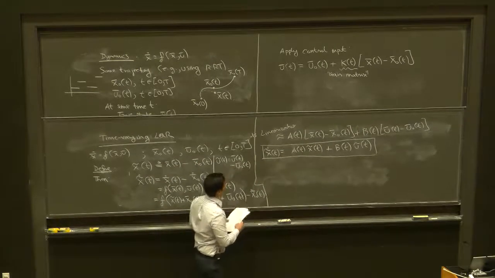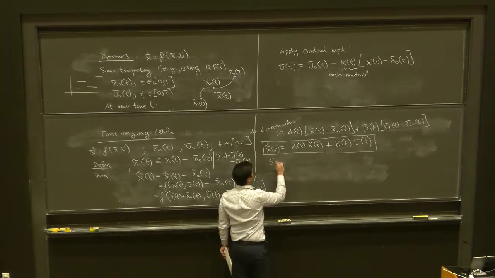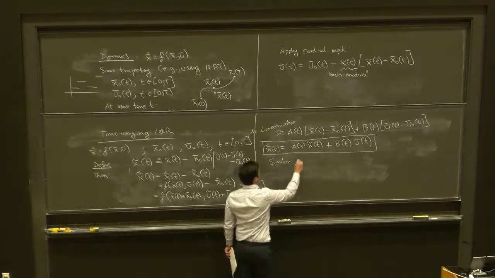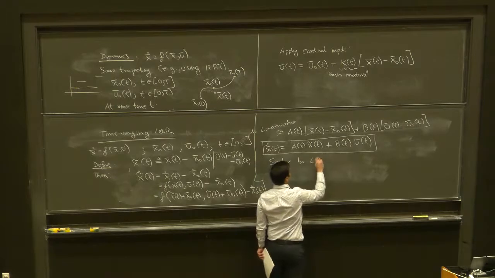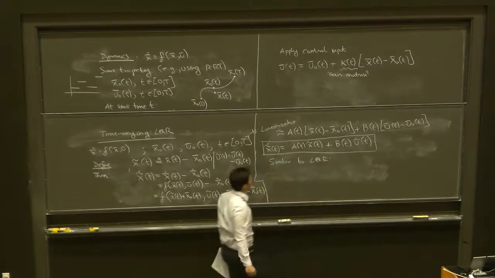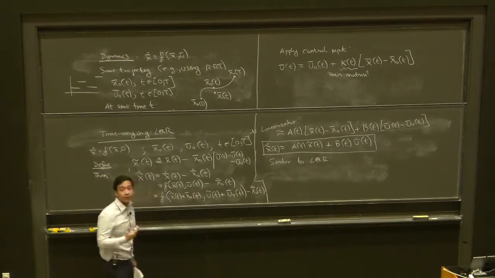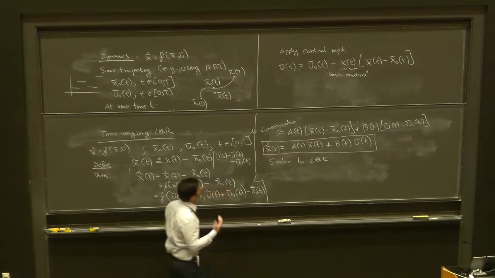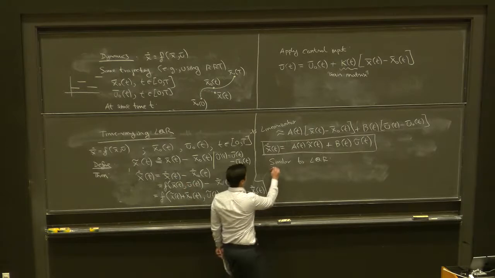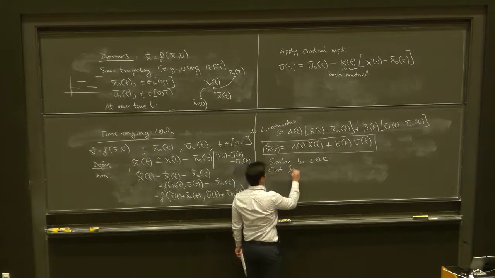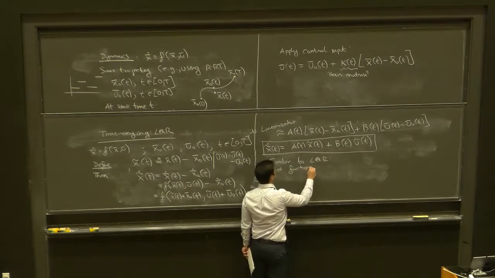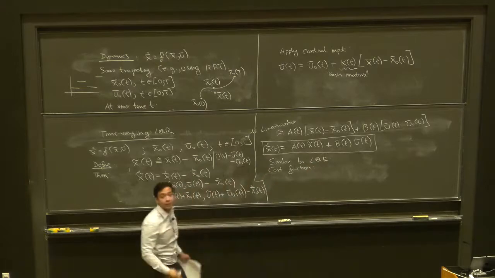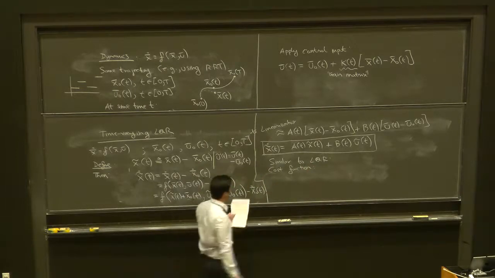Similar to our original LQR discussion, we can define a cost function, a performance objective that we try to optimize using feedback control. Again, this is essentially identical to what we had with LQR, just with things being time varying.